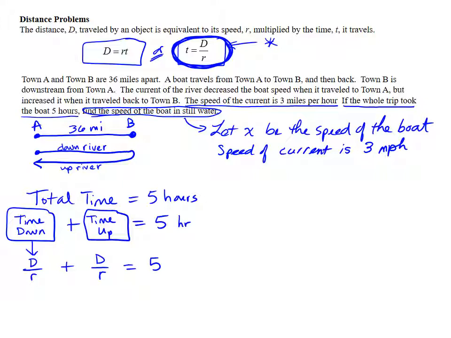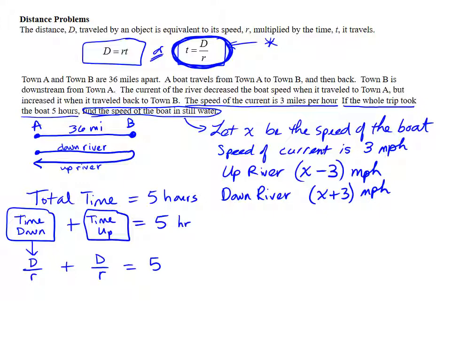How we show that mathematically is with addition and subtraction. So when we're going upriver, the current is going to hinder you. When you go upriver, your speed is going to be decreased by 3 miles per hour. When you're going downriver, the speed is going to be increased. The current helps you by 3 miles per hour.